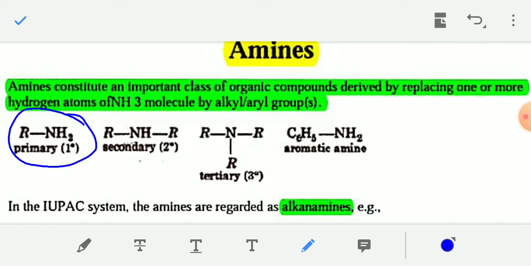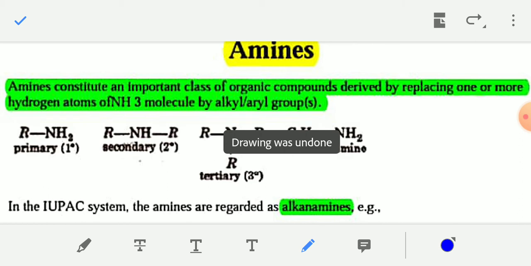So the general formula of primary amine is RNH2, where R is an alkyl group. It may be ethyl, methyl, propyl.